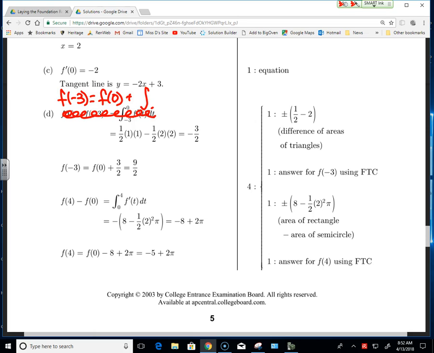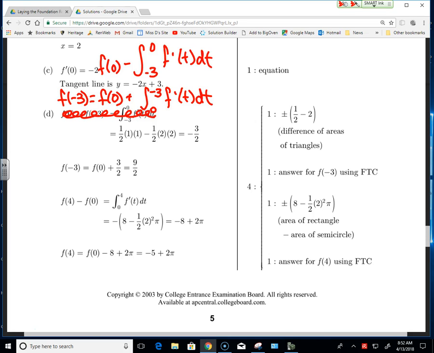You have to go from the initial to the final. Why is that weird? You're going backwards. You have to flip the sign of what you see. So this would be the same thing as f of 0, which they gave you, minus the integral from negative 3 to 0 of f prime of t dt.